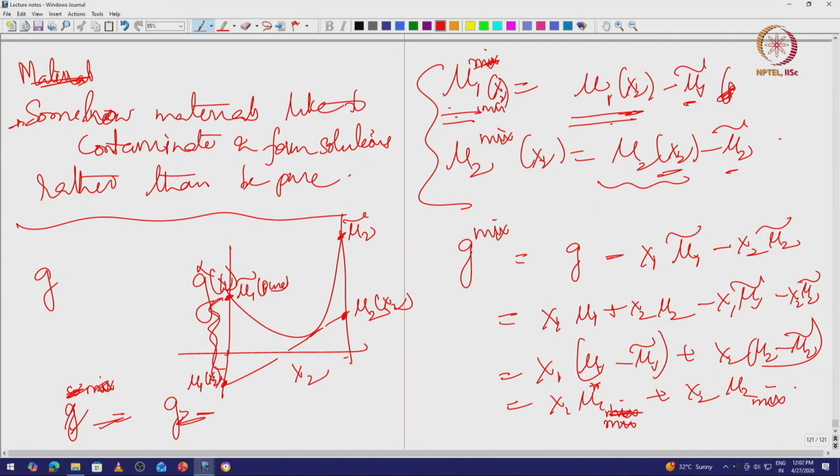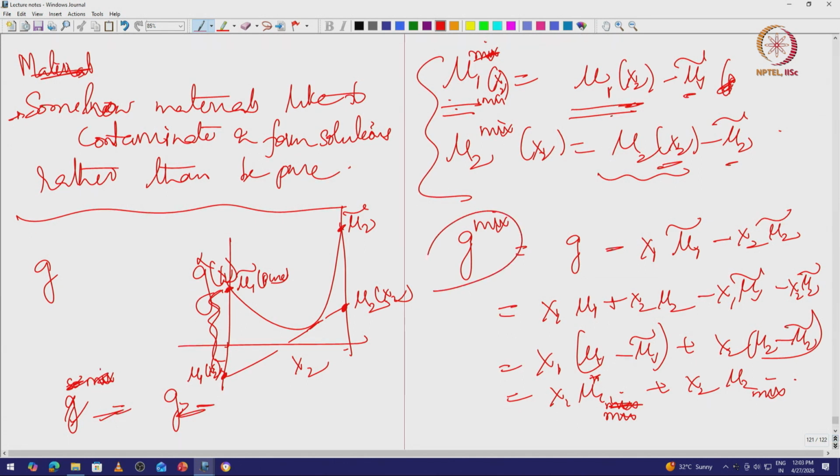So, if I ask you what G mix is, I have removed the pure compounds, right. G of pure is the average G of the pure compounds. So, total G minus G of pure compound, that is G mix.